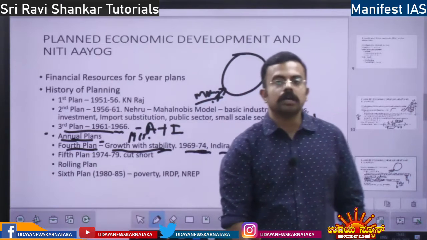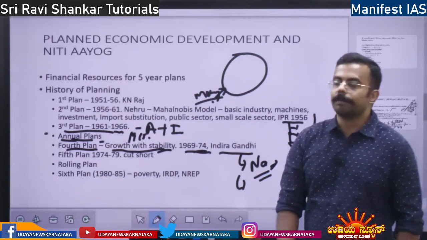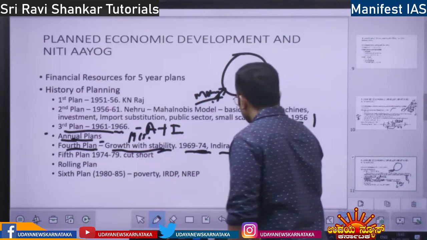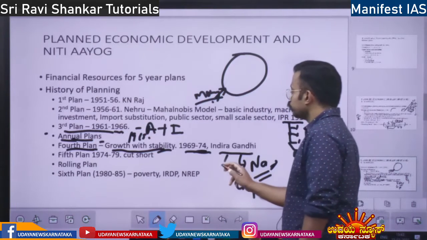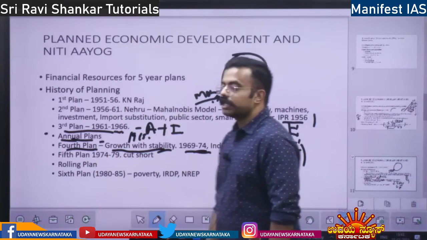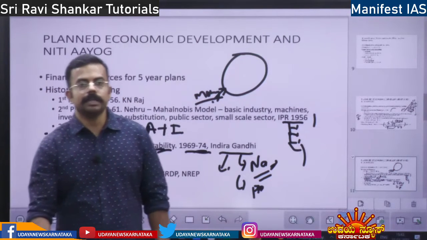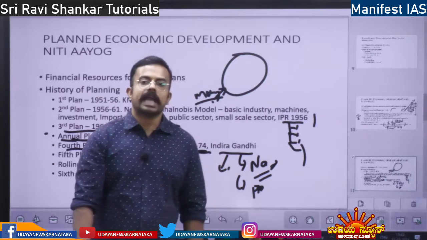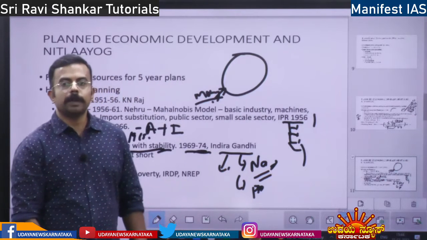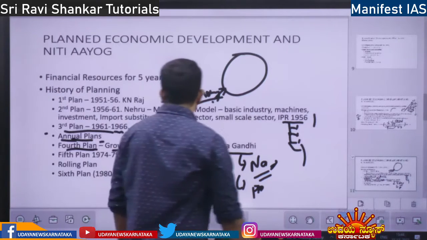That money is called privy purse. So she abolishes it. Why? She is a socialist. Socialists don't believe in kings, or in capitalist, rich people. Okay.